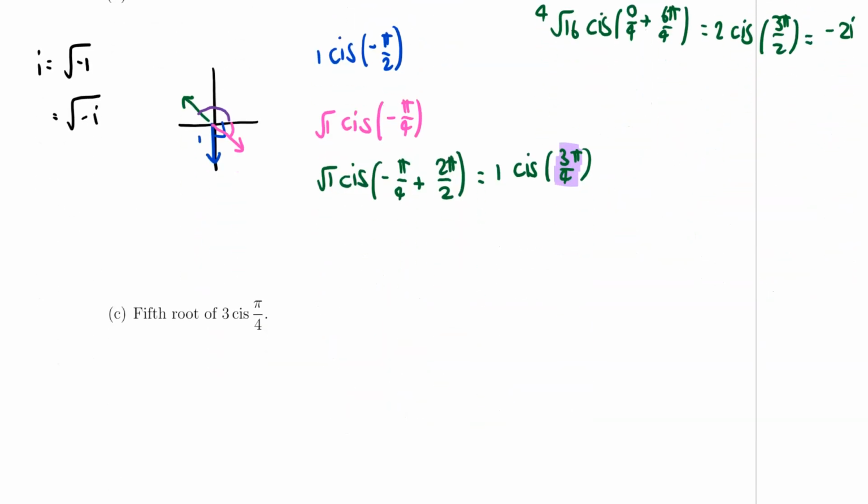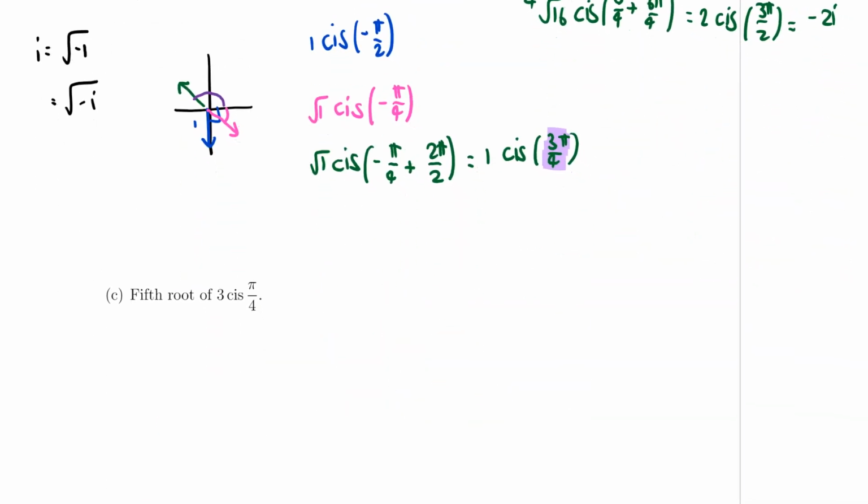Okay. So for the last example, I'd like to find the fifth root of 3 cis of pi over 4. So this is already in polar coordinates. So the primitive fifth root of this is going to be the fifth root of 3 cis of, let me see, pi over 20. Okay.